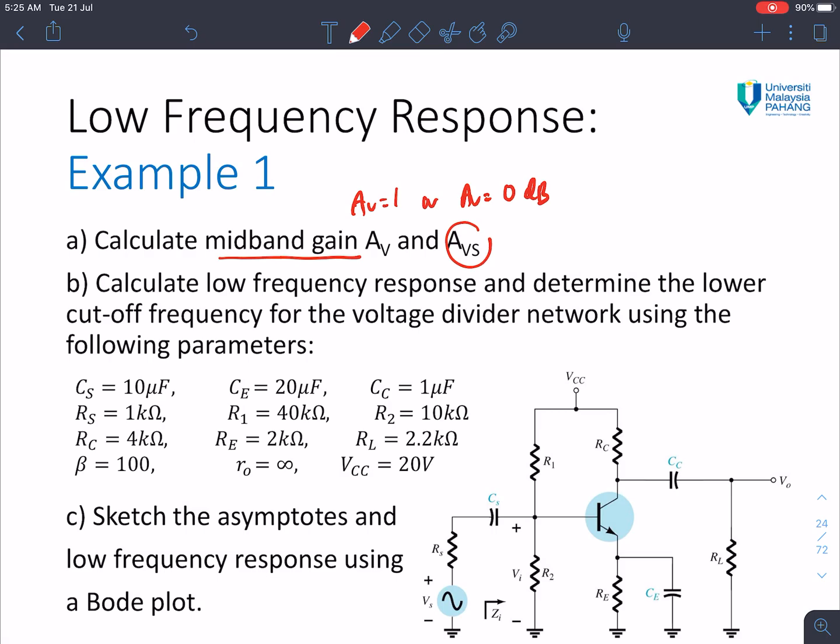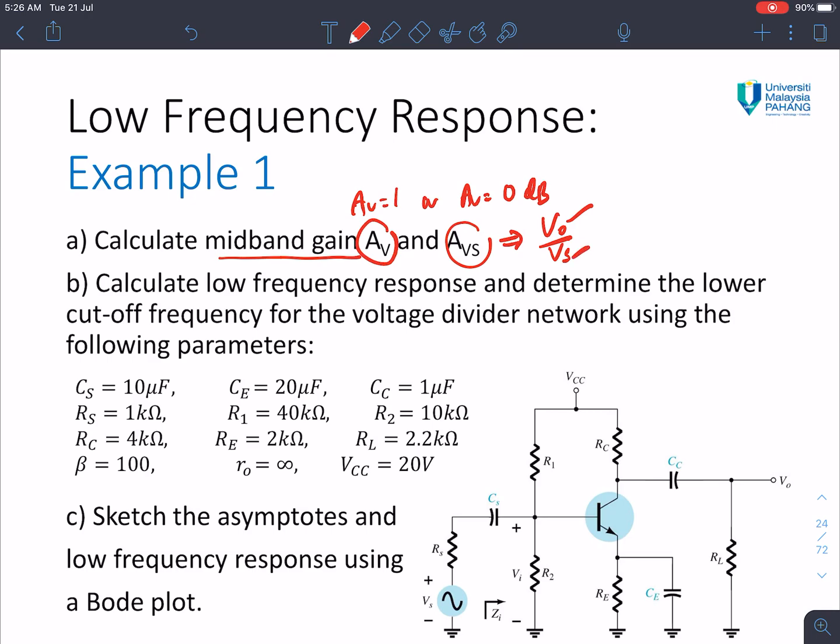So what is the AV here and AVS? AVS means V out over Vs. We measure the voltage from V out to Vs.